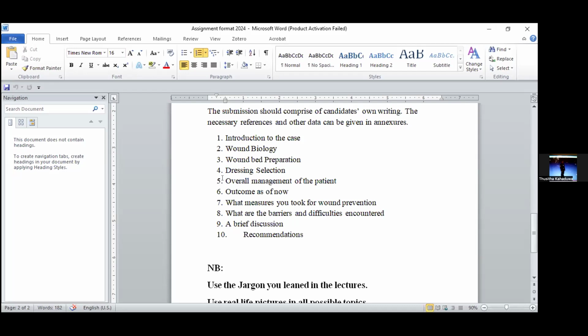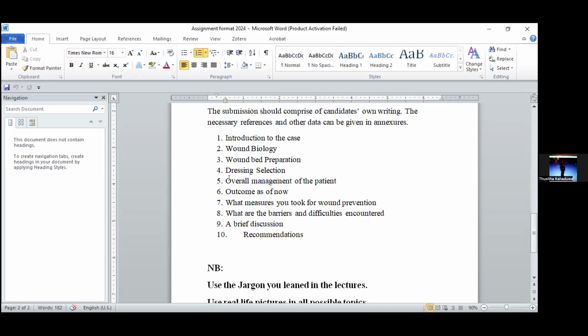The problem list of the patient, say maybe anemia, and even the social issues and economical issues. Those also come. Then how did you address each one of them?